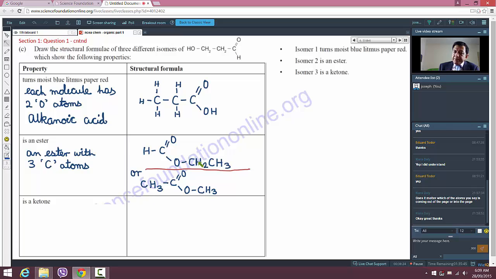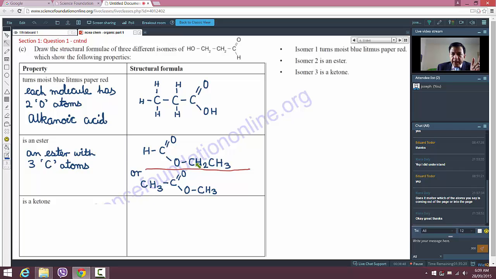Let's just name these as we go along. Now, the systematic name of an ester is an alkyl alkanoate, where the alkyl part of the name comes from the alcohol, and the alkanoate part of the name comes from the alkanoic acid. So, look at this here.